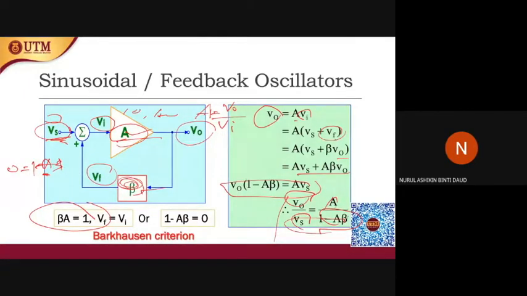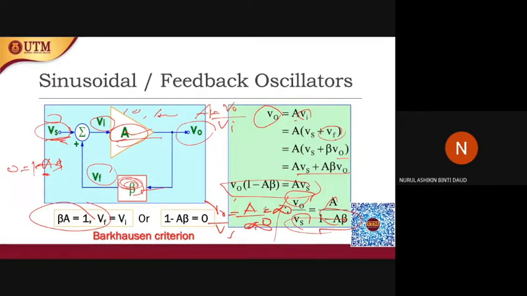So once you get 1 minus AB equal to 0, the ratio of output to source will be A over 0. A over 0, we know, gives the value infinity.